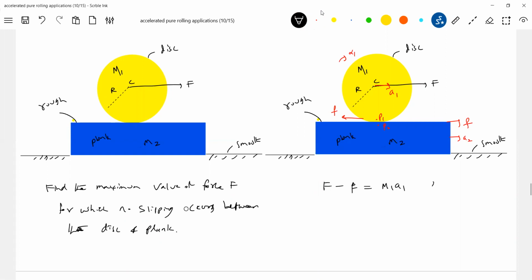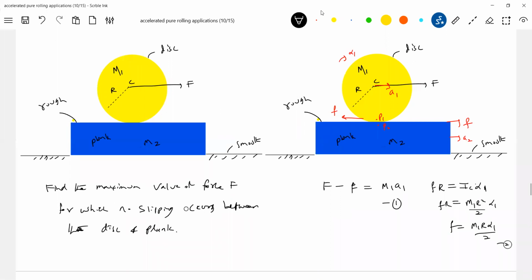Then the torque equation: f into R is equal to IC alpha 1. IC will be M1 R square by 2, so f is equal to M1 R alpha 1 by 2. Call this equation 1, this equation 2.